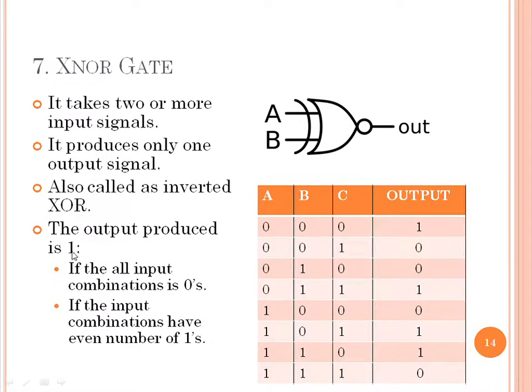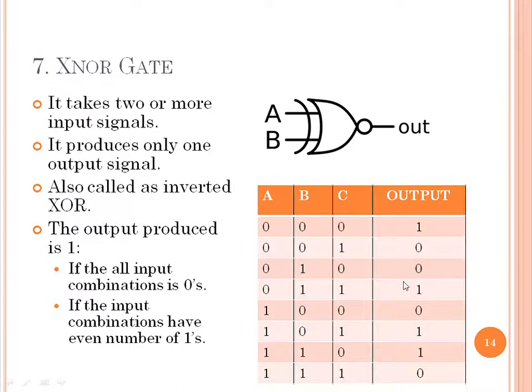The output produced over here would be 1 if all the input combination is 0. It would just be the reverse of XOR, as we have seen in case of XOR. So whatever is the case of XOR, here the case would be just reverse. If the input combination has an even number of ones, that means the output would be 0.